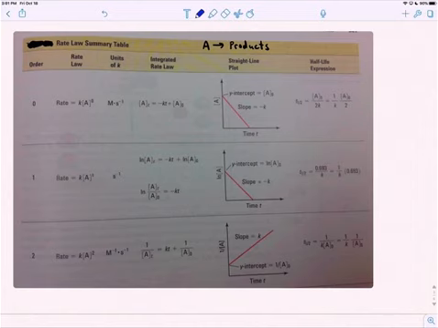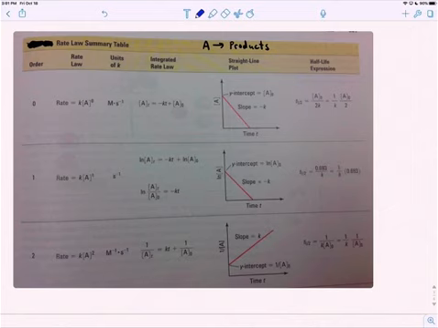And for first order, like most everything is first order, this is something you'll probably use in future classes, and certainly the concept, and no matter what you do in life, you will probably work with bank interest, which is first order. The integrated rate law is natural log of concentration at time t is equal to minus kt plus the natural log of the initial concentration.